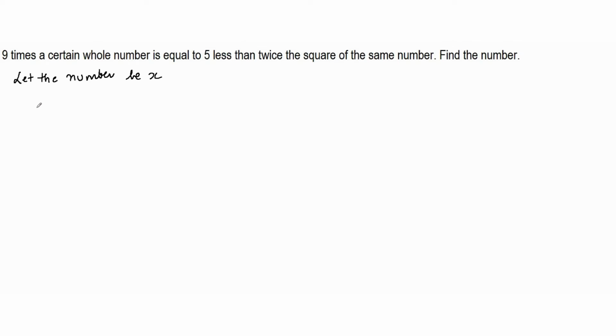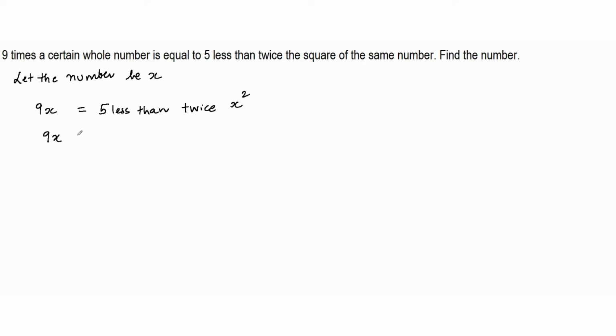9 times a certain whole number, that is 9 times x, equals 5 less than twice the square of the same number. So twice of x square.